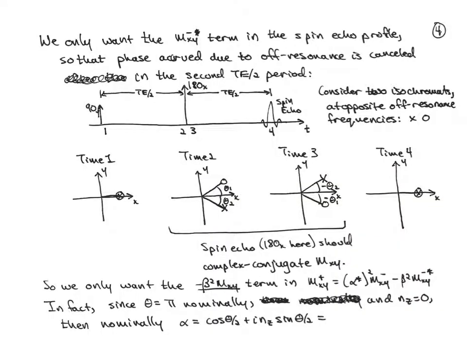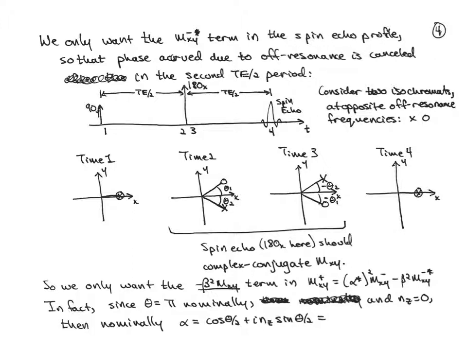Now, thinking about the spin echo case more closely, we only want the Mxy minus complex conjugate term to appear in the overall spin echo profile expression, so that the phase that's accrued due to off resonance in the first TE/2 period is canceled in the second TE/2 period.